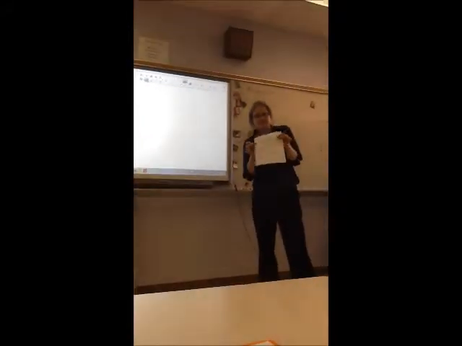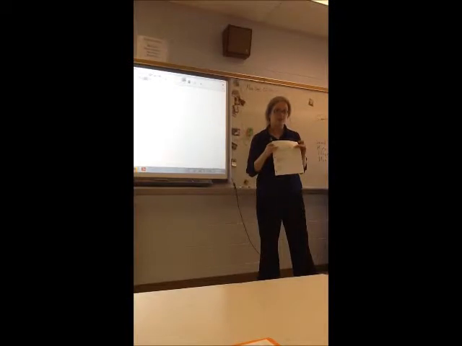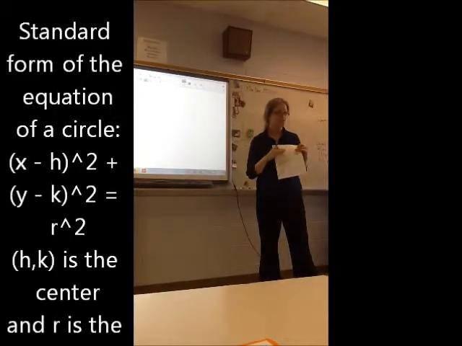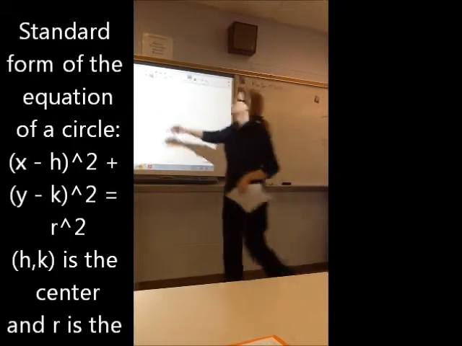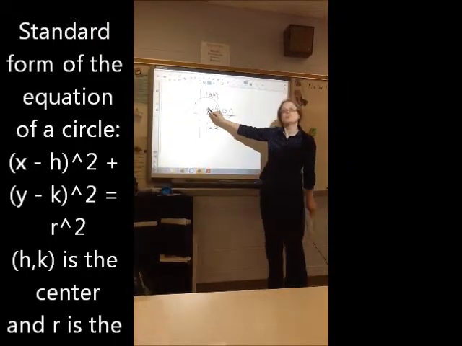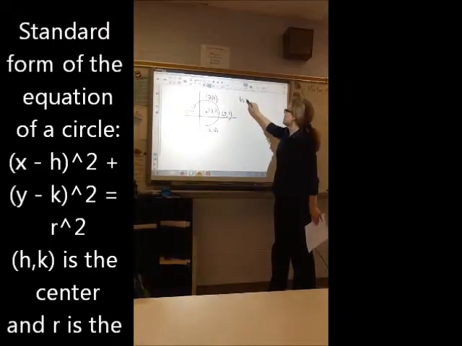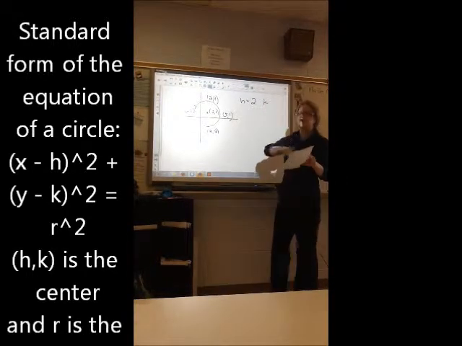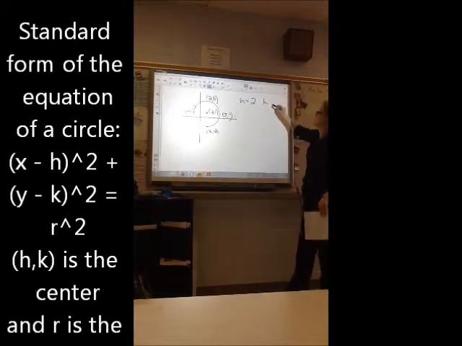I'll put that in. The standard form of the equation of a circle is (x minus h) squared plus (y minus k) squared equals r squared. So if you have a circle with center point (2, 1), that means h will be 2. This is not on your sheet, I'm just giving you an example.